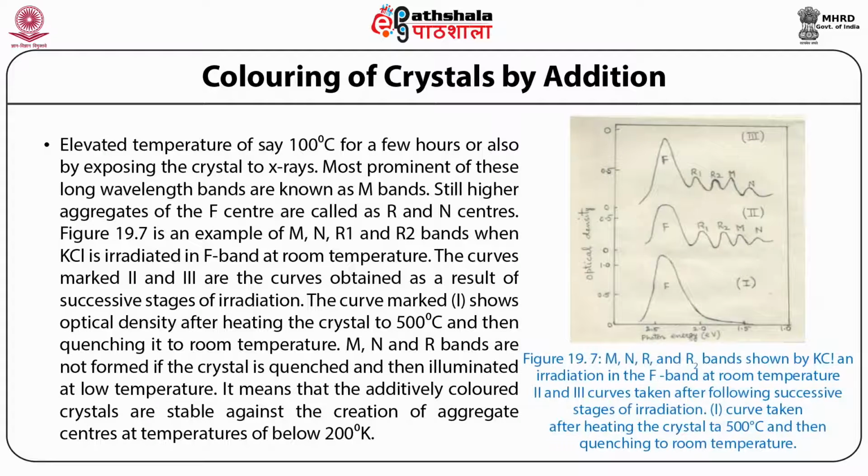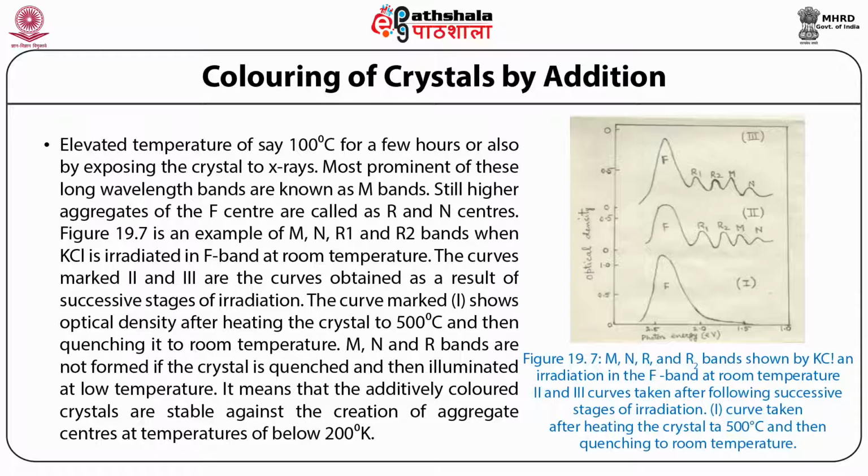Figure 19.7 is an example of M, N, R1 and R2 bands when KCl is irradiated in the F band at room temperature. The curves marked second and third are the curves obtained as a result of successive stages of irradiation.